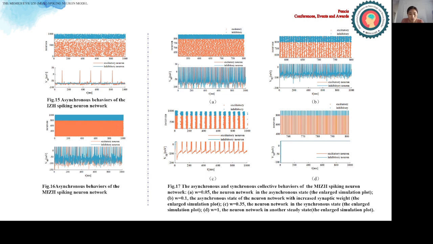When the synaptic weight is 0.35, the MIZH spike neural network is in the synchronous state. We increase the synaptic weight to 1. The MIZH spike neural network is in another steady state.